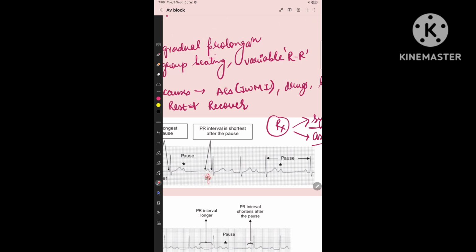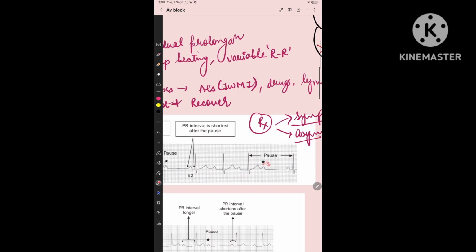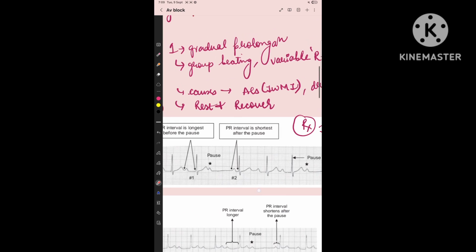This P wave is having a normal PR interval, but then the next PR interval is prolonged and the third PR interval is prolonged even more than the second one. But this fourth P wave is missed because the AV node got so tired that it could not conduct this P wave and there will be a pause. So this is type 1 second degree AV block.